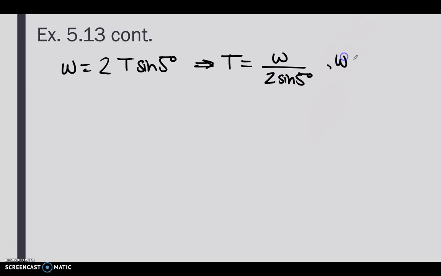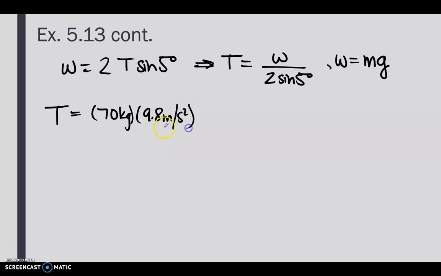And remember that weight is equal to mass times acceleration due to gravity. So if we plug that in, our mass is 70 kilograms times gravity 9.8 meters per second squared over 2 times sine 5 degrees.